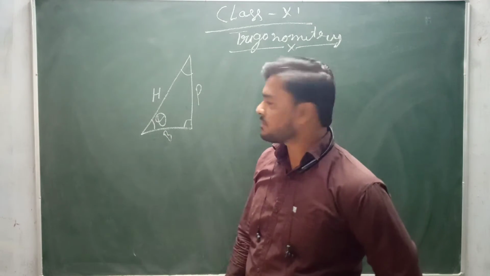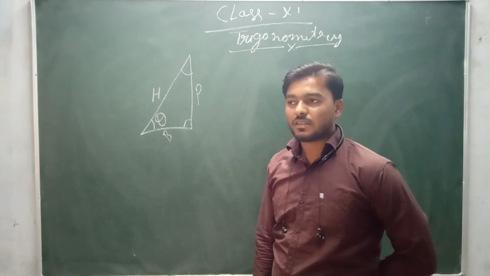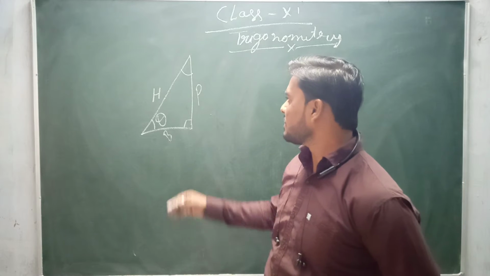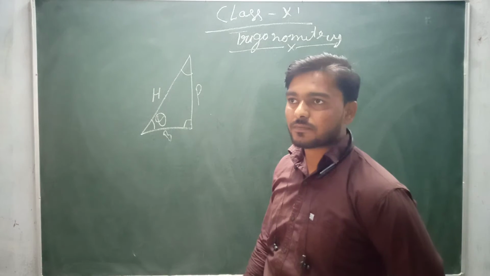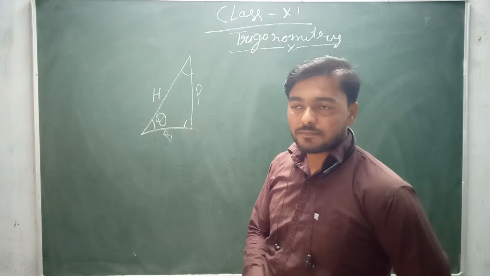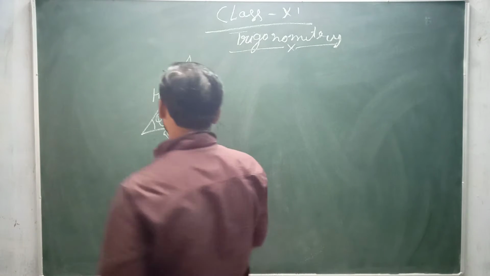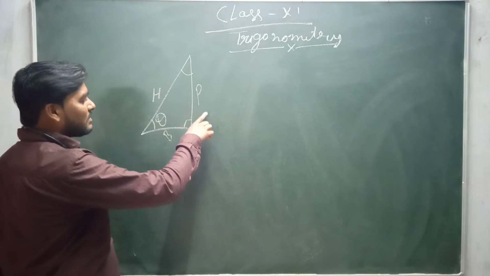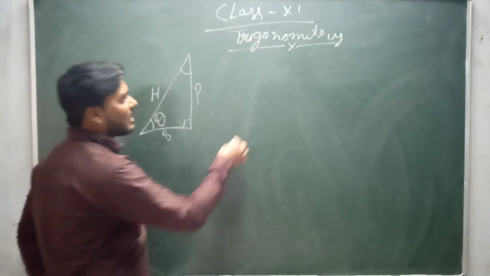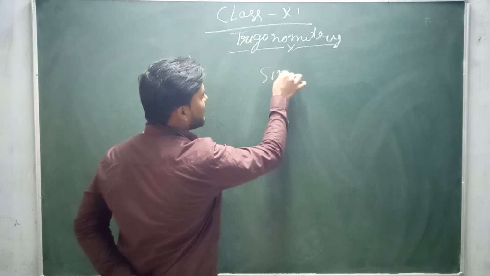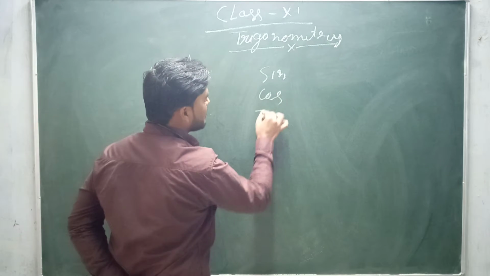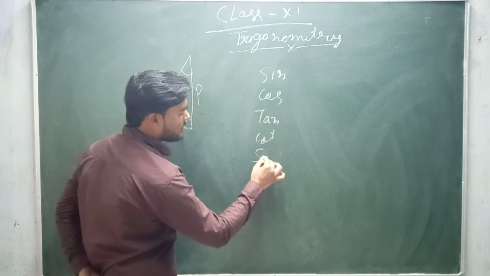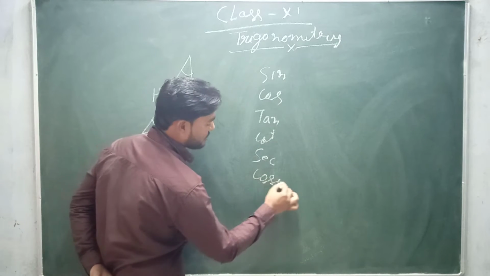If we have two values, like perpendicular and hypotenuse, then with the help of this angle and this side, we can calculate sine, cos, tan, cot, sec, cosec.